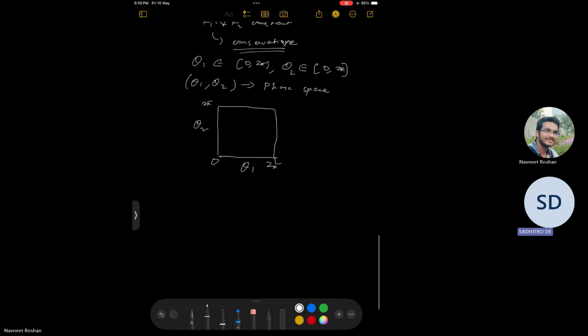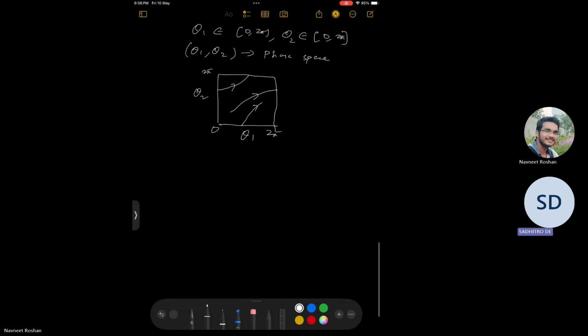So suppose a solution starts from this point and goes like that. When it hits the edge of the domain, it will come back from this end because it's periodic, it can go like that. And then from this end, it will come over here and it can again travel like that. So this is an example of when the phase space is periodic.